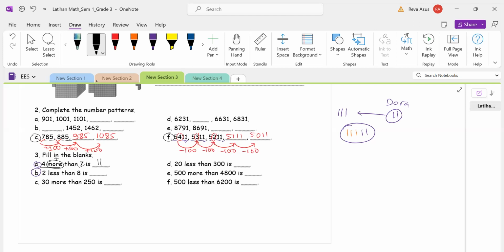For number 3b, 2 less than 8 is, let's say I have 6 pens, and then I give Dora 2. So how many pens do I have left? It is 4. 1, 2, 3, 4.